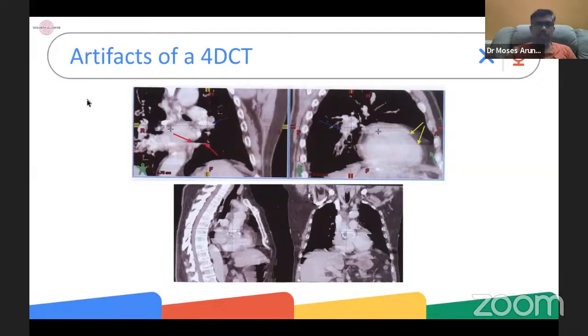If that is the case, then you will have to take a call on whether you want to go ahead with another 4D CT, but keep in mind that these are techniques which deliver a lot more radiation as compared to a conventional CT scan. Or you may want to opt for a different kind of motion management method.